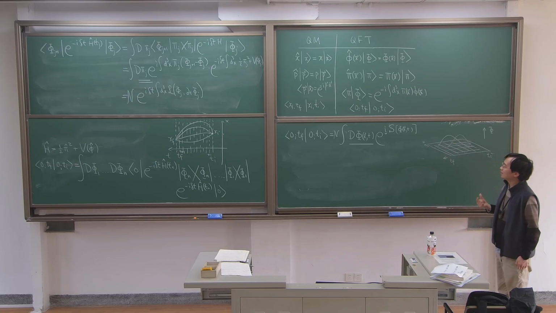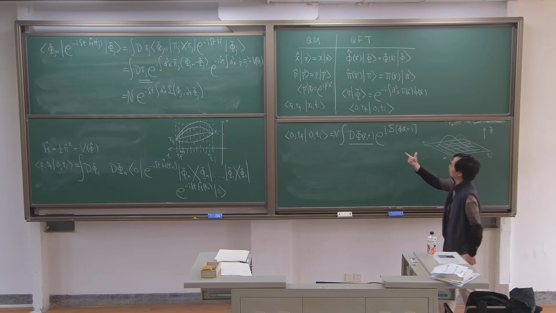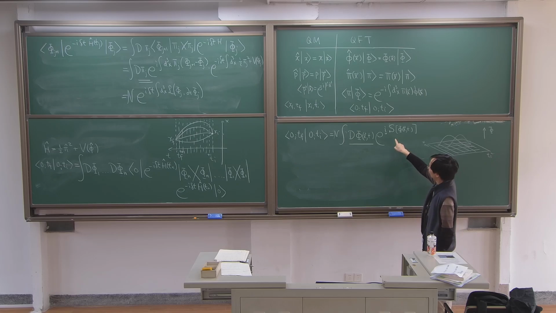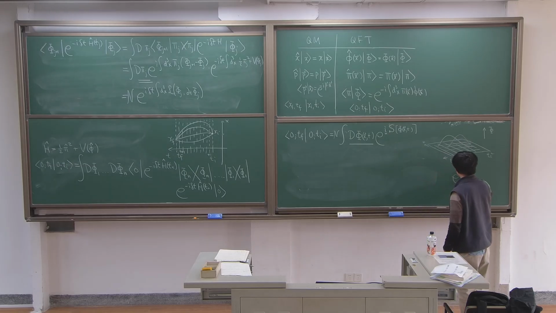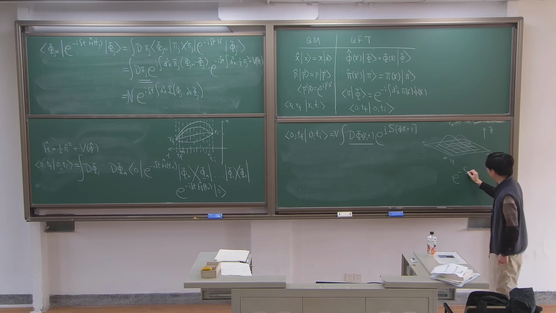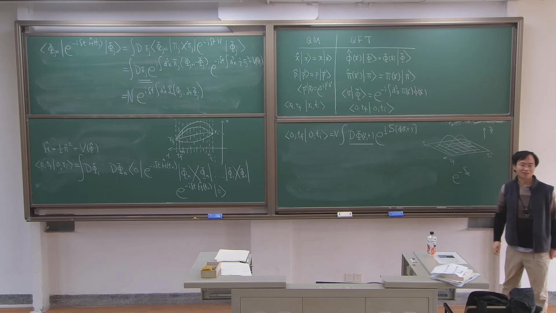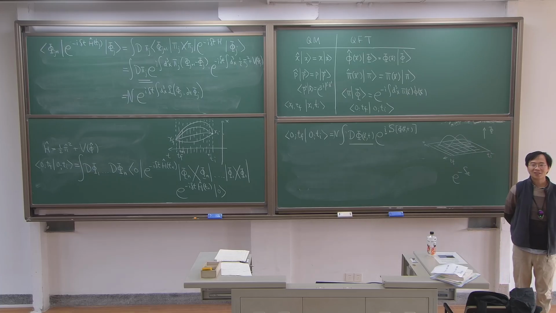And in statistical mechanics, what people quite often do is, without this i, put a minus, e to the minus some action. In order to specify this, they emphasize this is the Euclidean action.